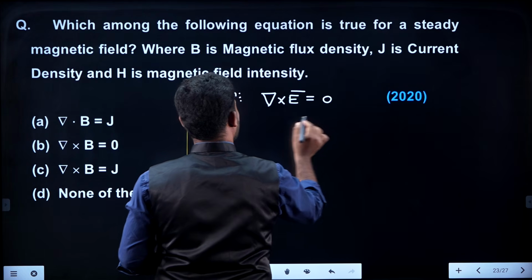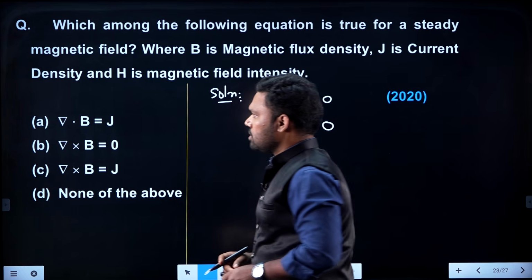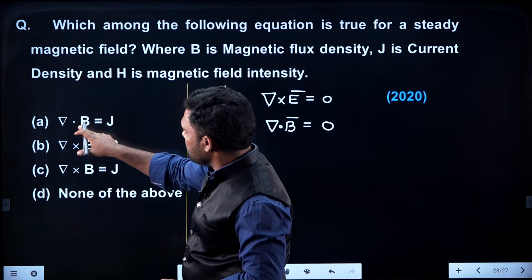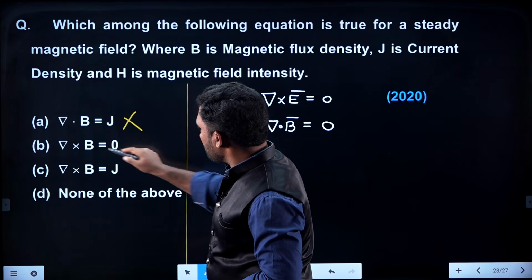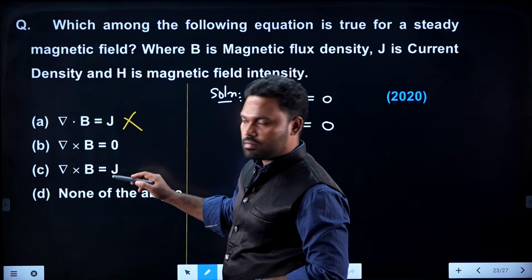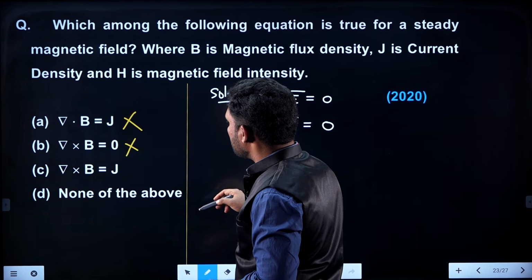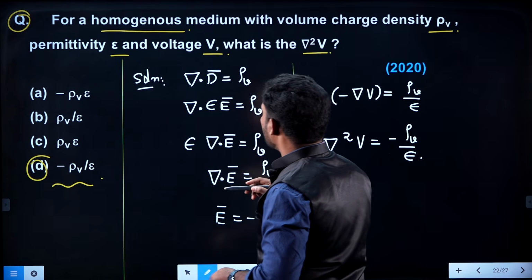Curl of E is equal to 0, divergence of B is equal to 0. Can you make any changes here? Divergence of B is equal to J is a wrong statement. Curl of E is 0. Curl of H, and there is one more thing you can do.